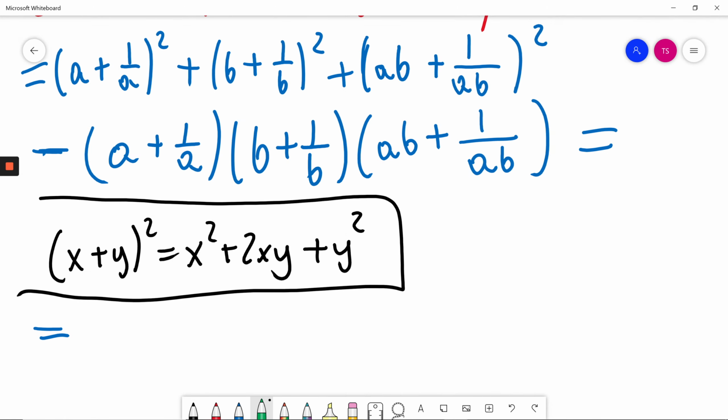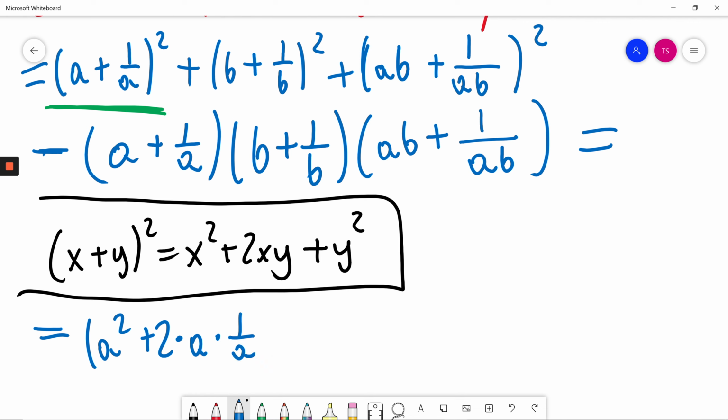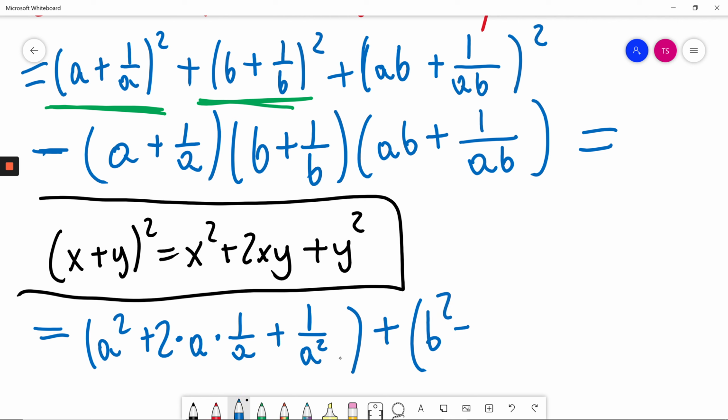So that thing will be, I'll just leave it in bracket, a squared plus 2 times a times 1 over a plus 1 over a squared, because 1 squared is just 1, and in the denominator will be a squared, plus second bracket, this one, this will be b squared plus 2 times b times 1 over b plus 1 squared is just 1 divided by b squared.